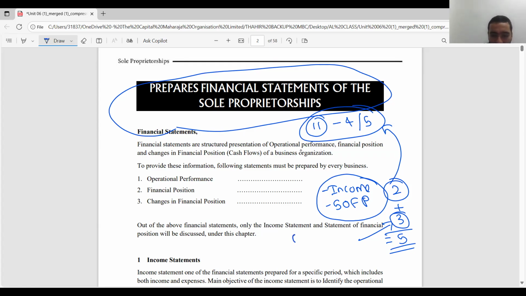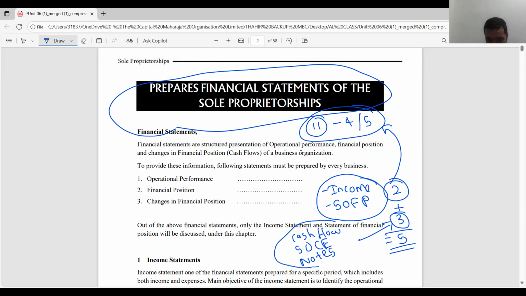Number 1 is the cash flow statement. Number 2, statement of changes in equity, SOCE. And the last one, notes to the financial statements.